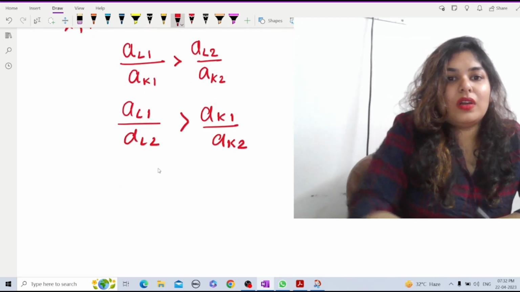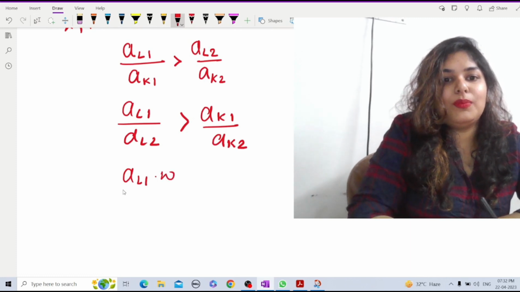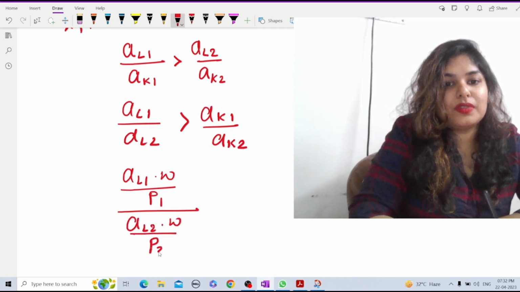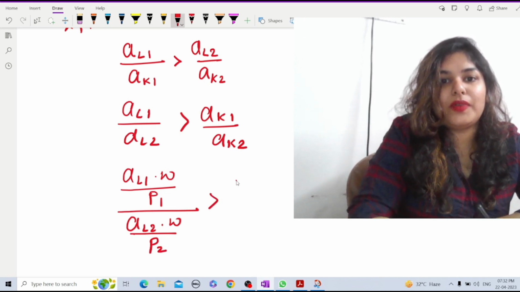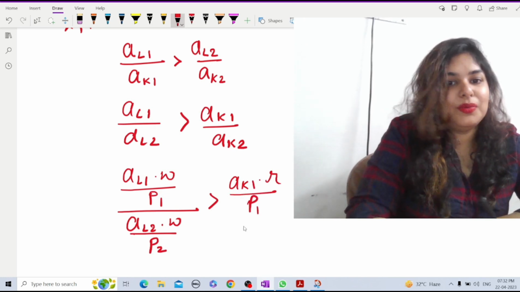Now let us incorporate these variables. That is, let's write AL1 W by P1 whole divided by AL2 W by P2. So W and P1 by P2 is here. Similarly, we will incorporate here AK1 into R by P1, and by the same logic, AK2 into R by P2. See, P1 will get cancelled, W will get cancelled.